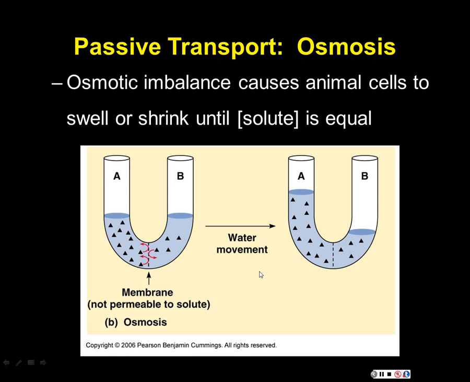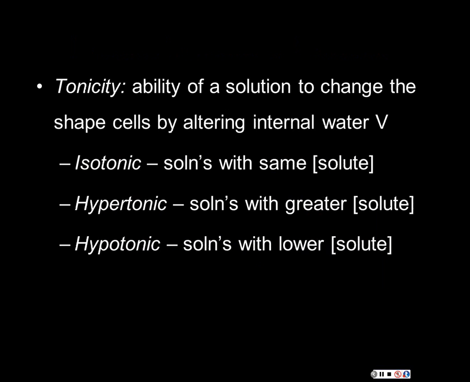We became familiar with some terms to help better understand this. We talked about tonicity, and tonicity influences the cell shape by changing the internal water what? Volume. My abbreviation stands there for volume. We learned that not all solutions have the same tonicity or the same amount of solutes in them.